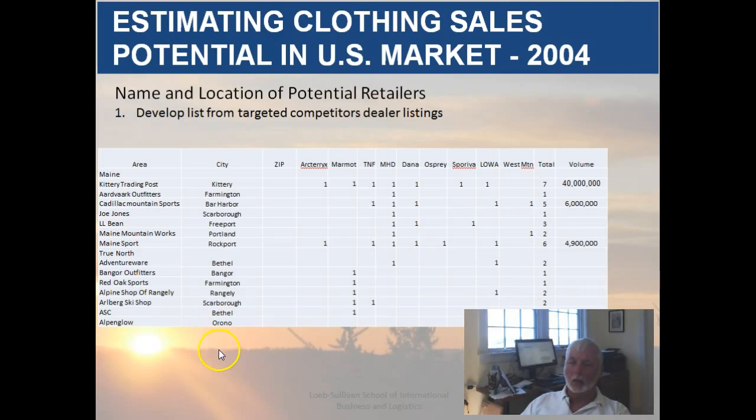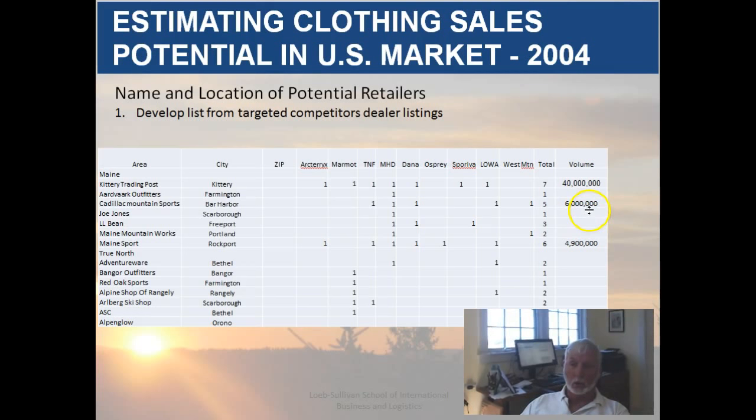Because of my distribution plan, I had calculated that I could only sell to retailers doing more than $1 million in sales a year. I used various ways to get volumes for these dealers. Kittery Trading Post was the biggest at the time, in 2004. They were doing $40 million of volume.